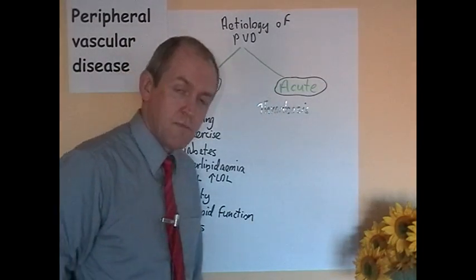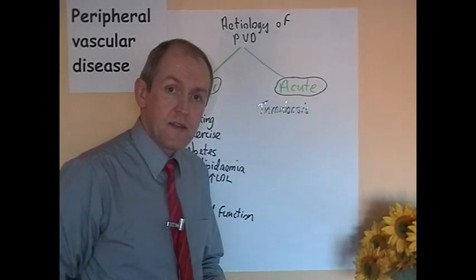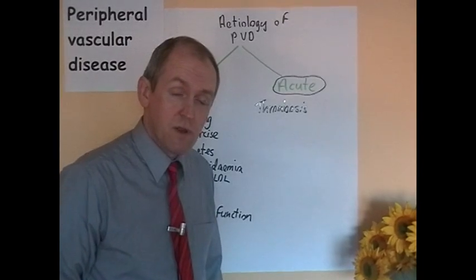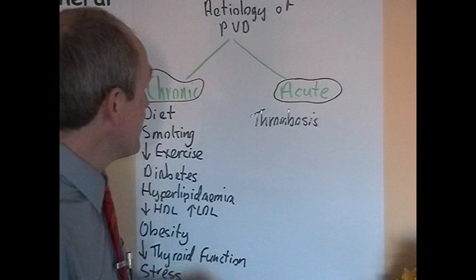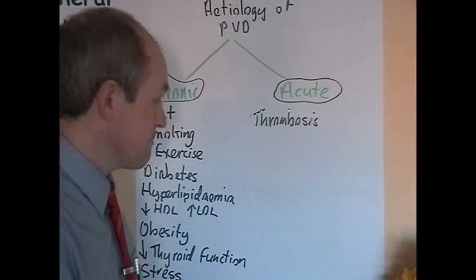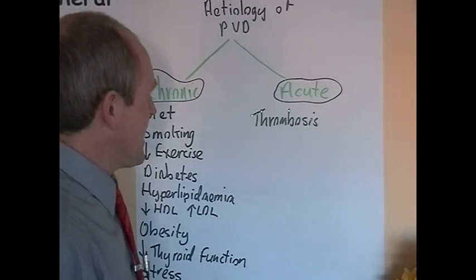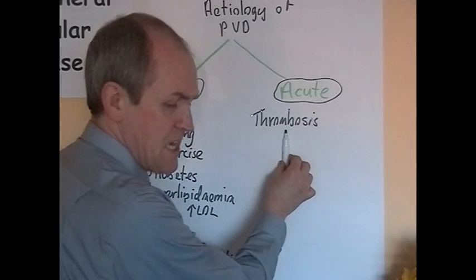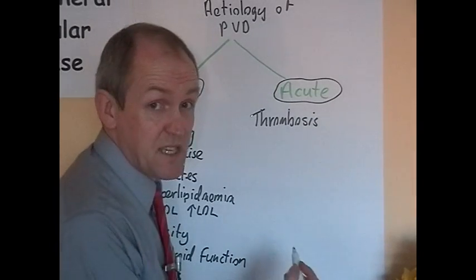If there is a large thrombosis, maybe high up in the femoral artery, then that can cut off most of the blood supply to the leg, and the person will develop an acute critical limb ischemia. Most cases of acute limb ischemia actually are caused by thrombosis, maybe 60% of cases.